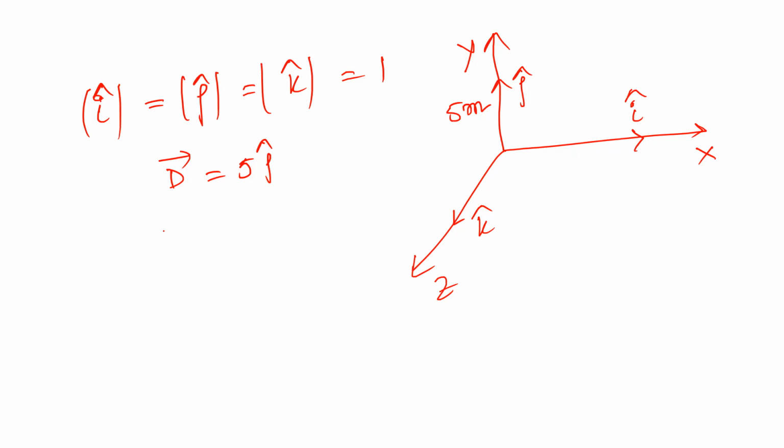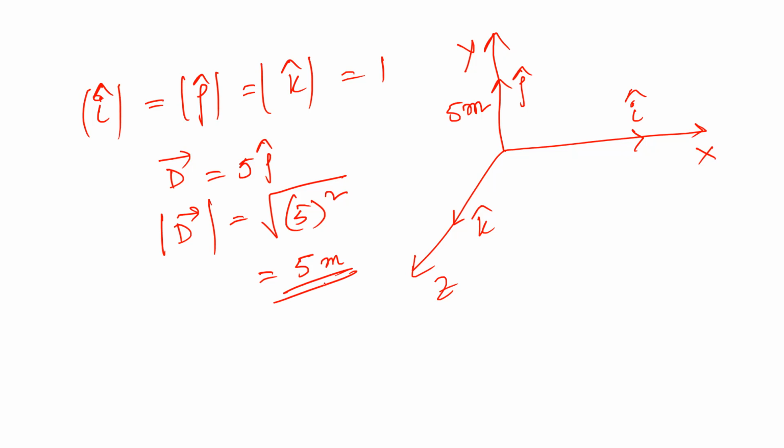Whenever you find the modulus of that particular quantity, that is modulus of d vector, it is equals to under root of coefficient of j cap, that whole square. The square and the root will cancel out, and I will get the final answer as 5 meter.